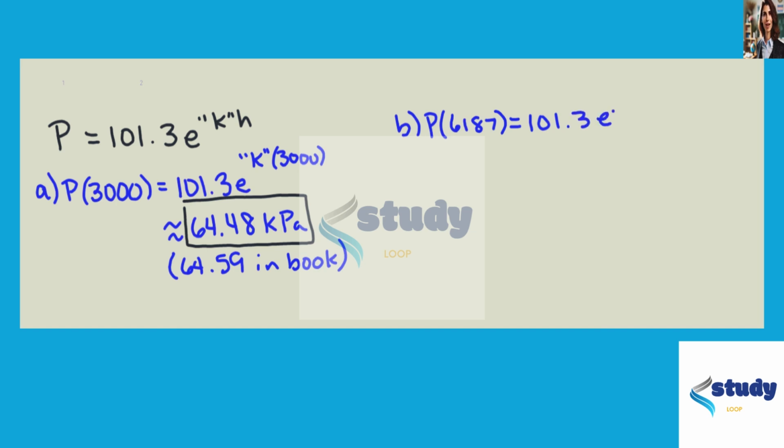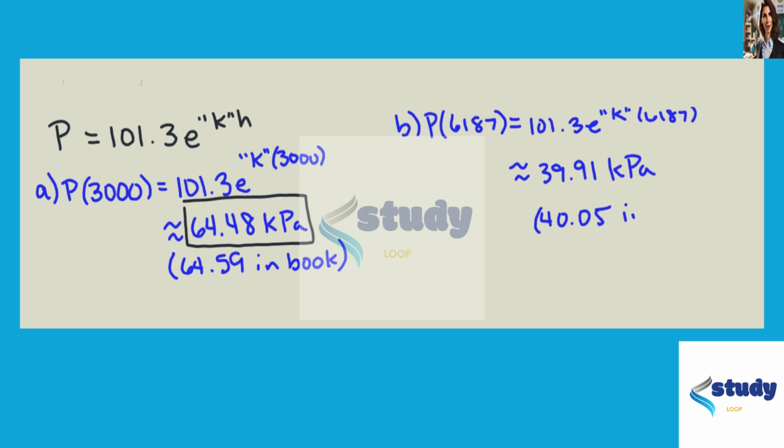Use your stored value of k. Put that in the calculator, and we get approximately 39.91 kilopascals of pressure. And the book has 40.05. Again, probably just a rounding thing.